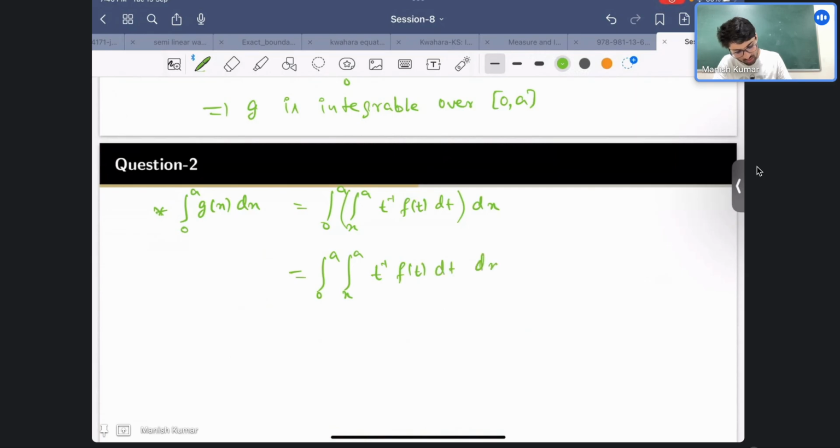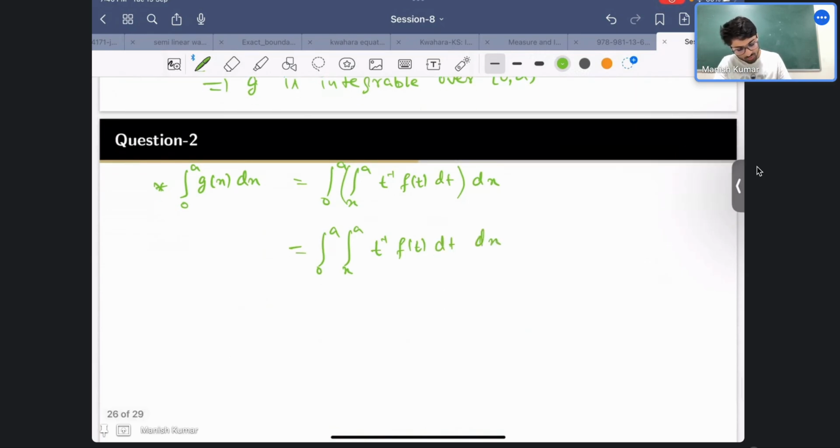Now you know by the above thing that this function, x comma a to 0 comma a, t inverse ft, you have shown above that this is finite.